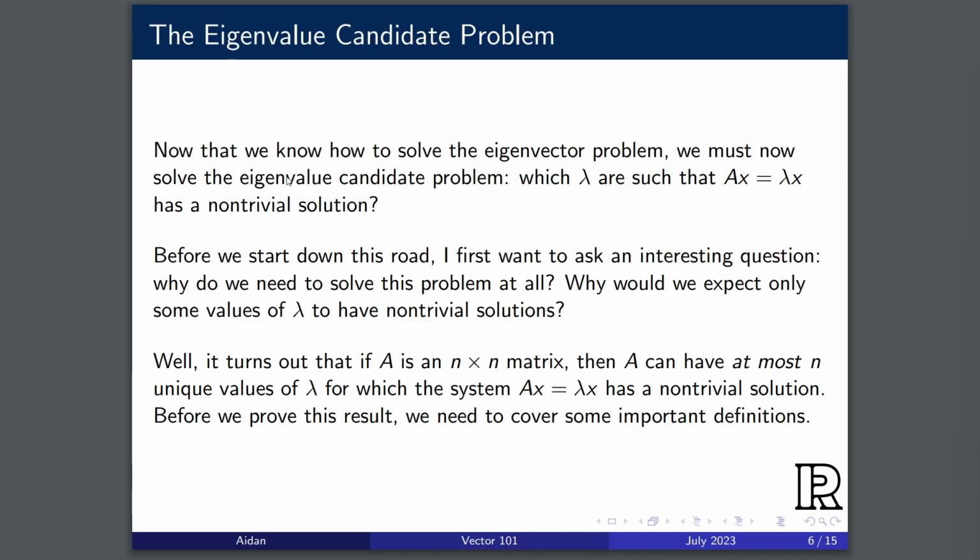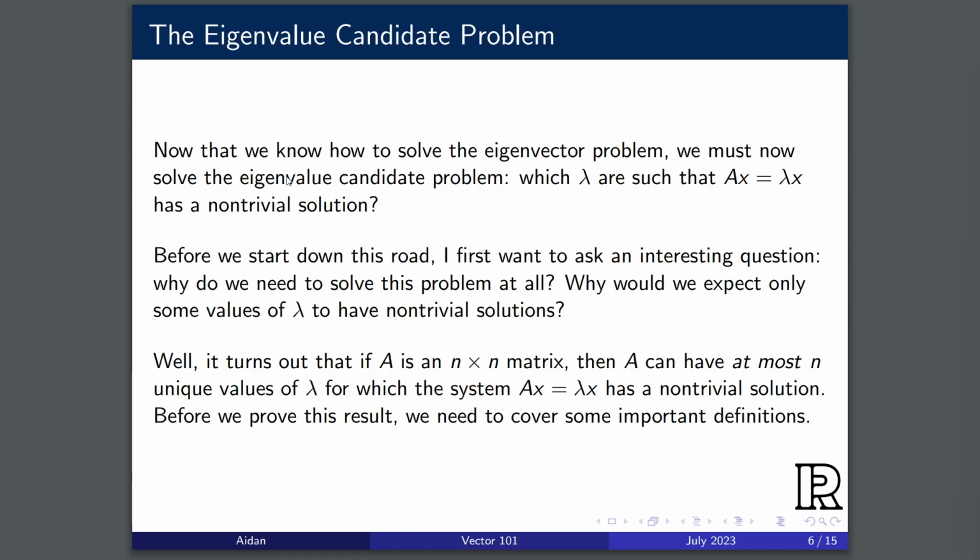Now here, the only lambda where this is going to have a non-trivial solution is lambda equals 1, because otherwise you'd have identity x equals lambda x, which means x equals lambda x, which means that either lambda is 1 or x is 0.